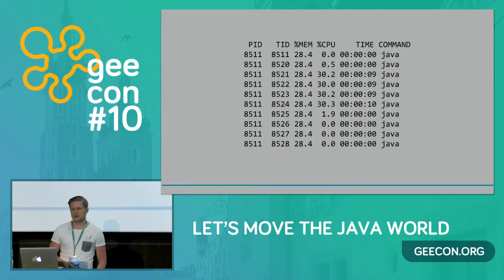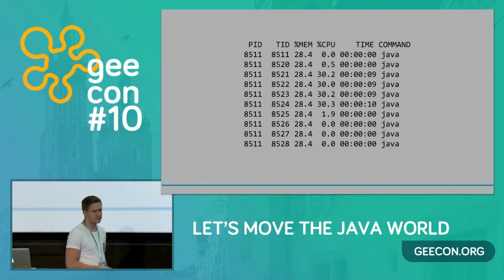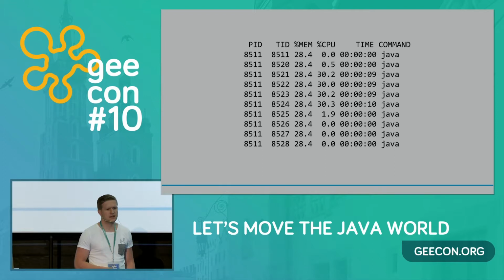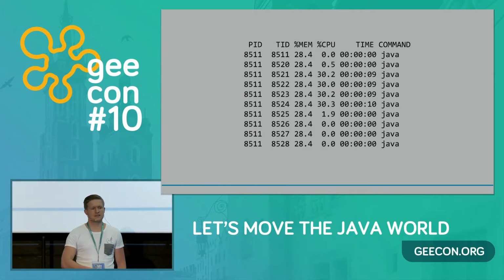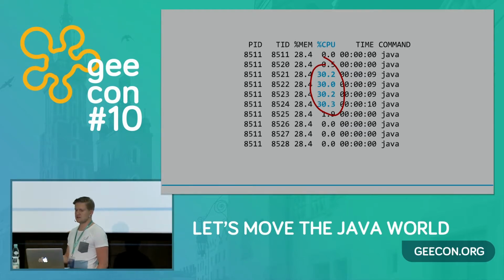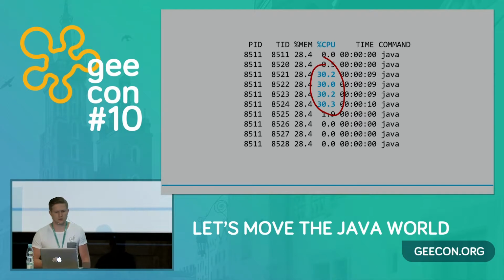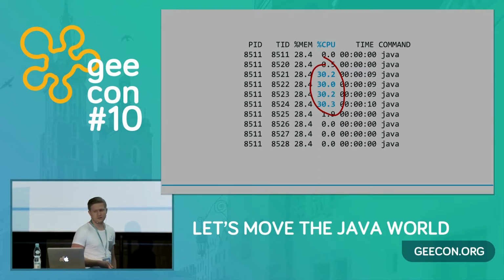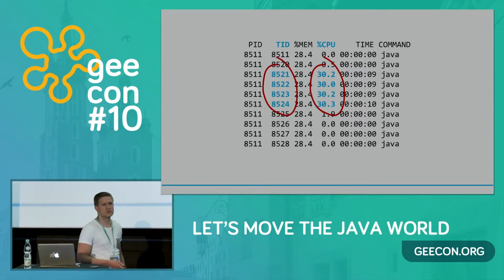Well, by running the ps command I listed beforehand, we can see all the threads inside this application, and we can immediately see that there are 4 threads responsible for a lot of CPU time consumption. There are 4 of them, and we can also see their thread IDs.